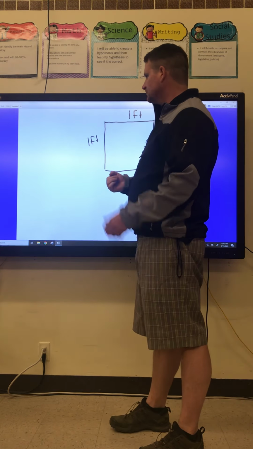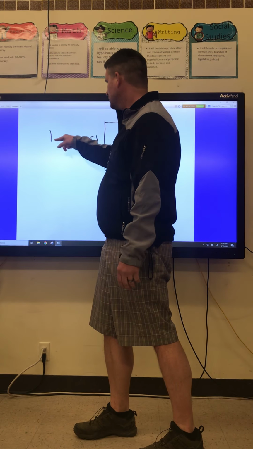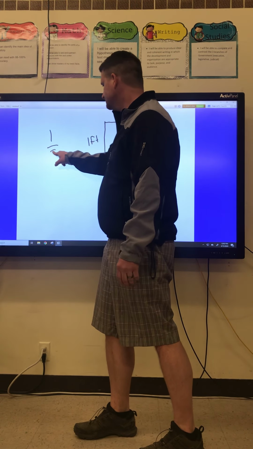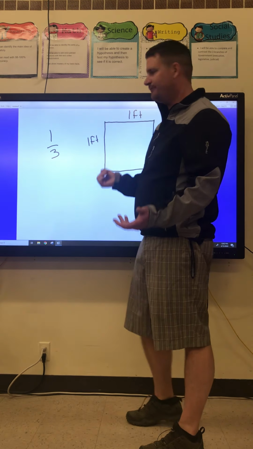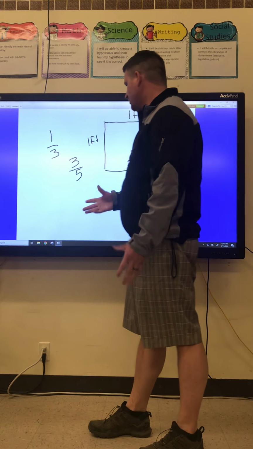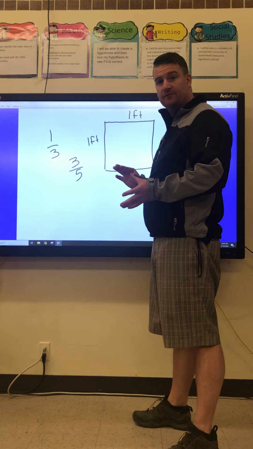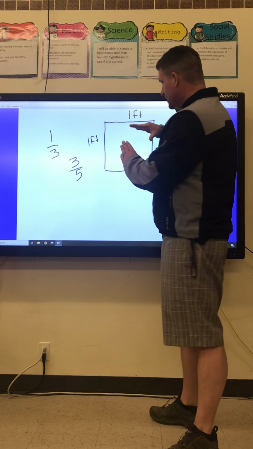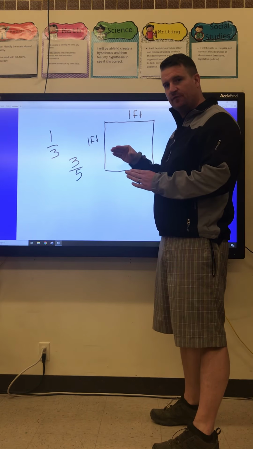So we have eaten 1/3, and we have 3/5. We were trying to figure out what part of this we have left. So we know it can't be 1 foot square because it's only a part of it.